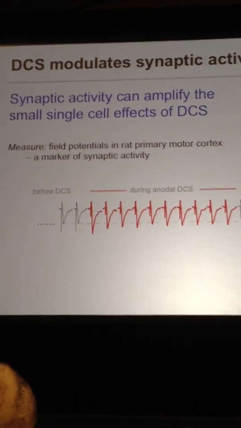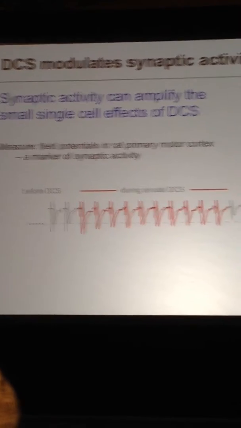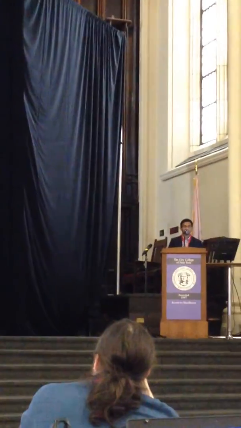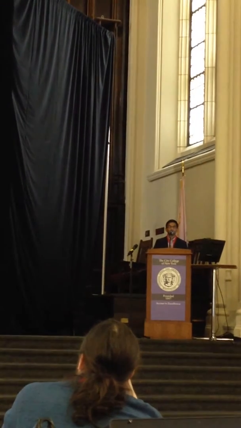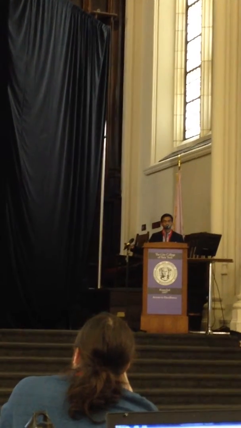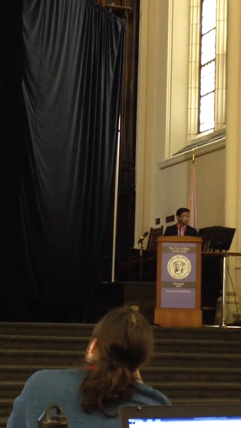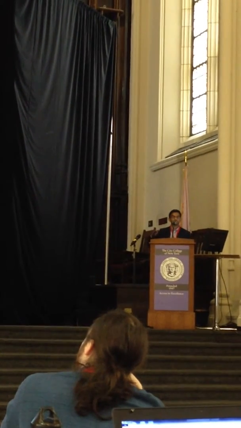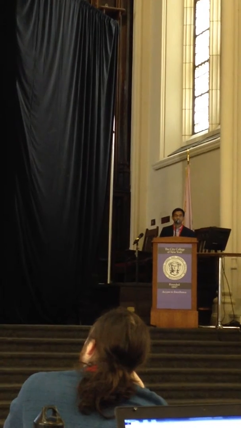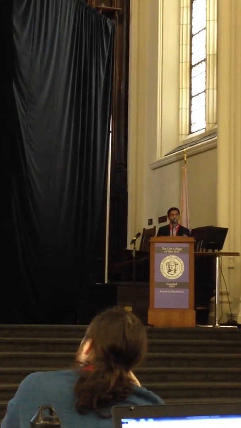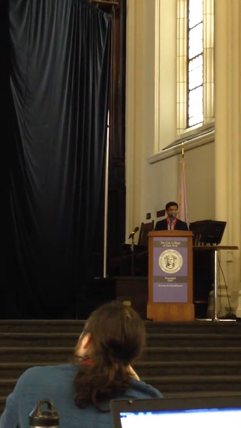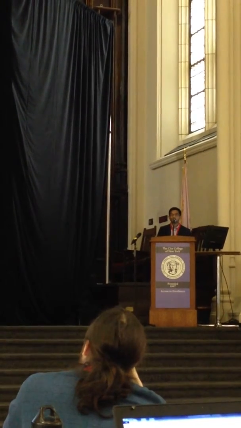Now, if you think about training, what happens during training, there's this ongoing activity in a particular pathway. So we probe a pathway during continuous synaptic stimulation, right, in order to emulate the training condition. And so we reach this steady state evoked potential in these brain slices. And when we turn on the field, the immediate effect of the electric field is an increase in synaptic activity.